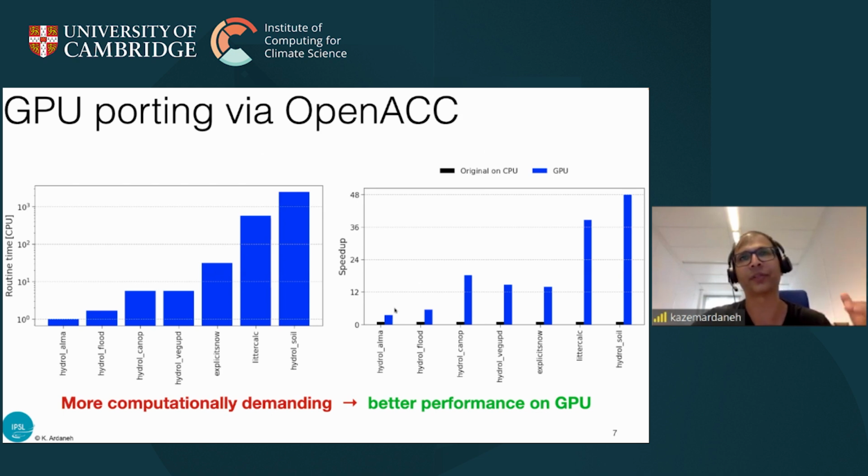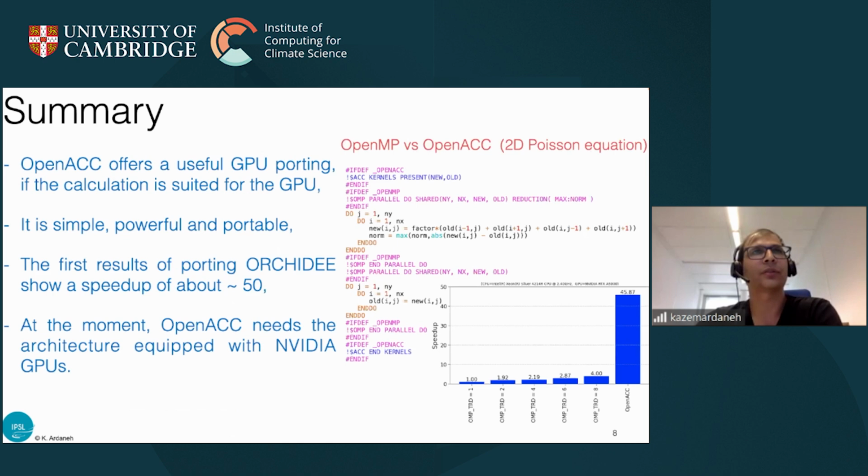If we port these routines to the GPU, we see that for the low consuming routines the speed up is not very good, but as we go to the higher consuming routines, we have a good speed up on the GPU. So that was what I wanted to present to you.